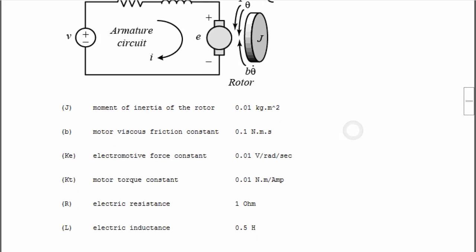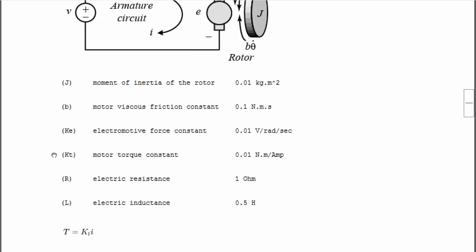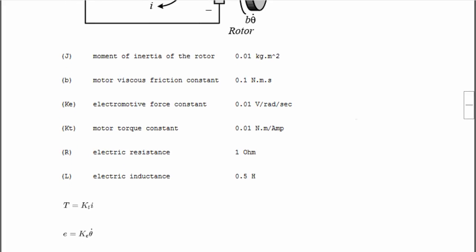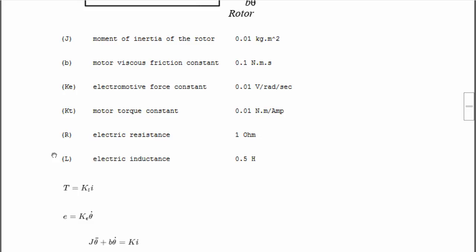Another thing that has to be taken into consideration is the back EMF, which is E, and it's proportional to the angular velocity of the shaft by a constant factor Ke, and that's this equation right here.